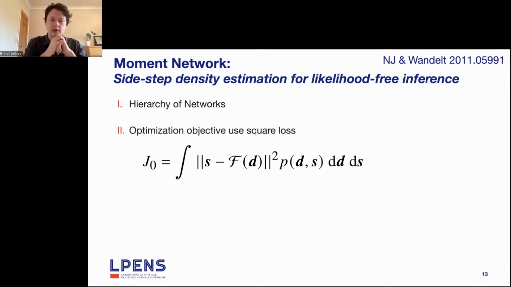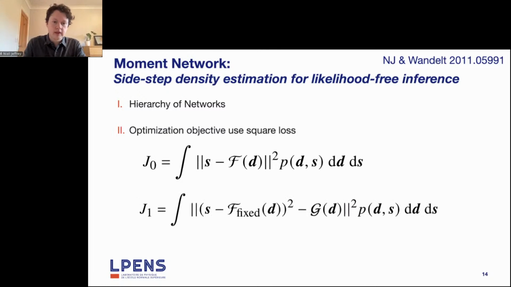The point of the moment network is that we go to a next level. If I can estimate my posterior mean, I can construct a loss on a second network that will give me the variance of my posterior distribution for each of these pixels, which gives me an uncertainty quantification. So I've trained my first network F, which is called F fixed in the second level of the hierarchy.